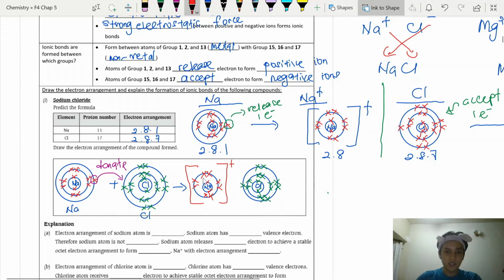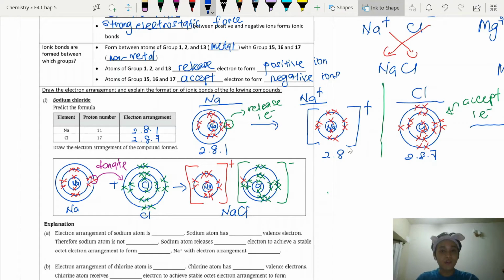Okay, and then the other electron comes from the sodium. So I use red, then you can see very clearly. Alright, again, bracket, and then charge. So this is the electron arrangement for sodium chloride.